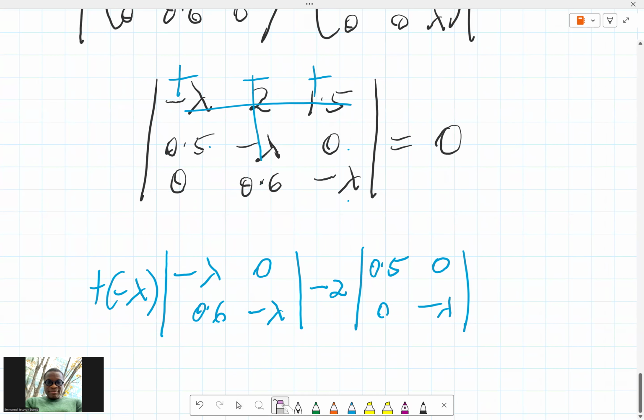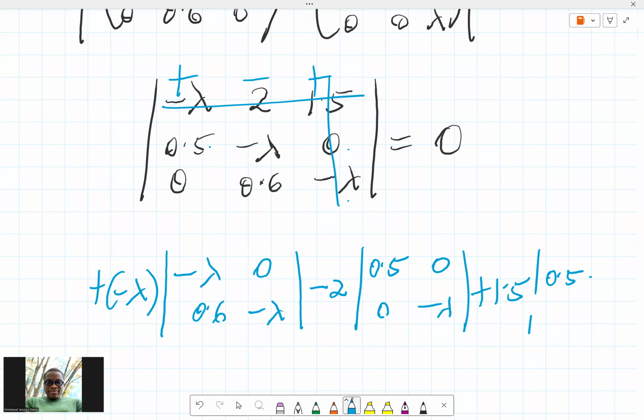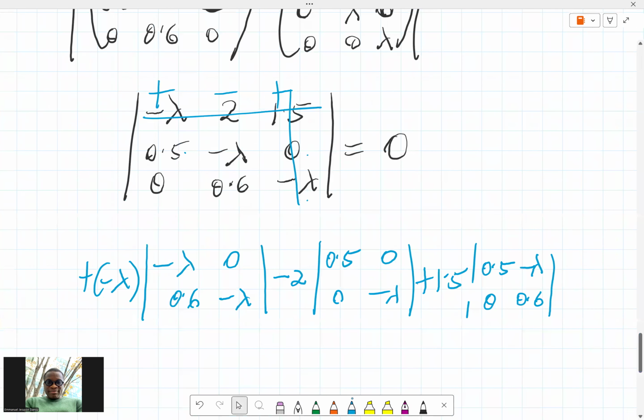So we have plus 1.5 into, cross the column, cross the row, and we have 0.5, minus lambda, then 0, 0.6. Okay, and all of this is equal to 0.